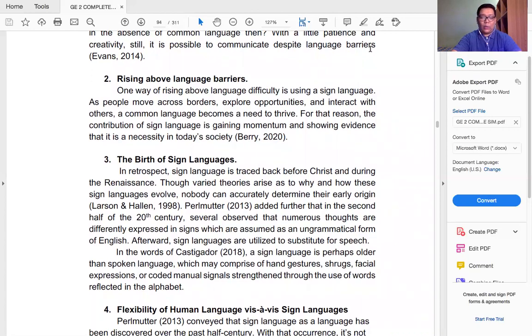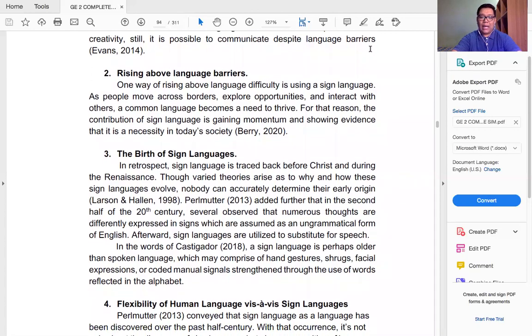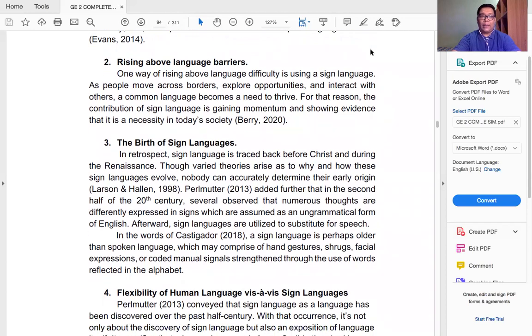According to Castigador in 2018, a sign language is perhaps older than spoken language, which may comprise hand gestures, shrugs, facial expressions, or coded manual signals strengthened through the use of words reflected in the alphabet. Let us also remember that even if we use sign languages, we also need to back them up with words so that some of these sign languages can still be well understood.